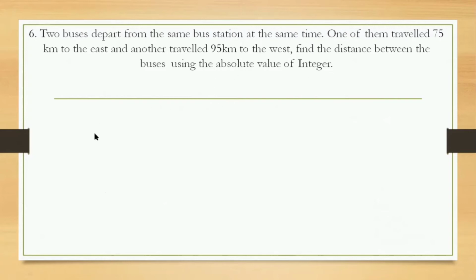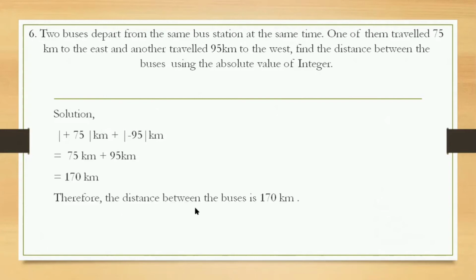Solution: 75 kilometers and minus 95 kilometers. Then we have to put in the absolute sign, this is the modular sign. It will give positive values only, 75 kilometers and 95 kilometers. When you add them, you will get 170 kilometers. Therefore, the distance between the buses is 170 kilometers.